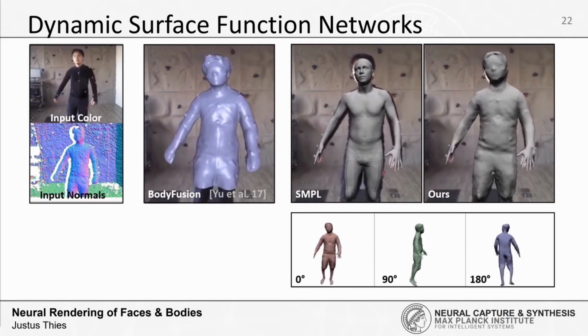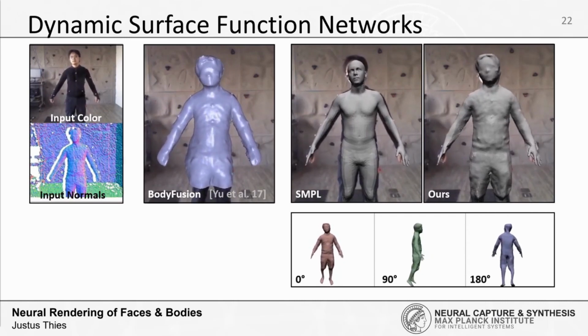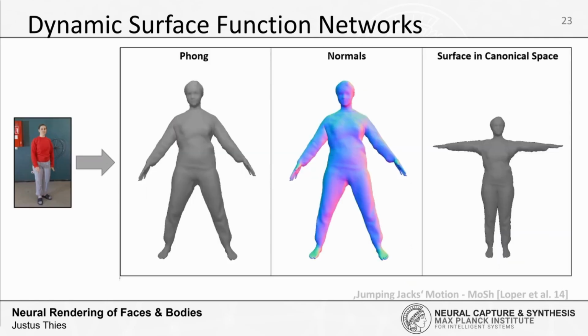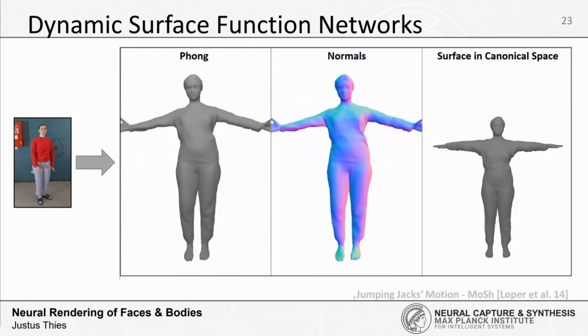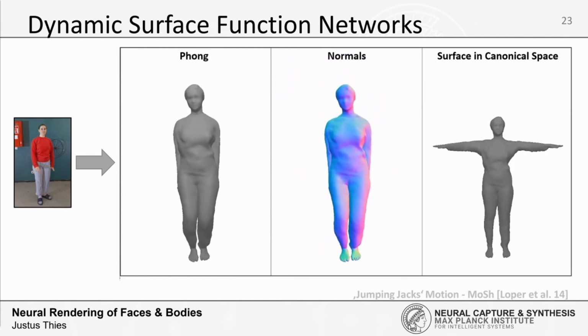And based on this representation, like the simple model plus this surface MLP, you can then animate these reconstructed avatars, which you can, for example, see here, where we apply a jumping jacks motion from the MOSH dataset.